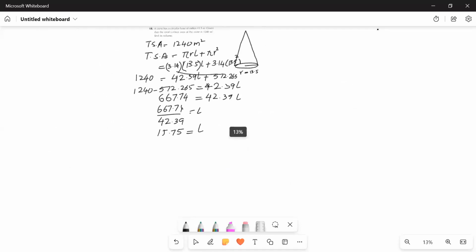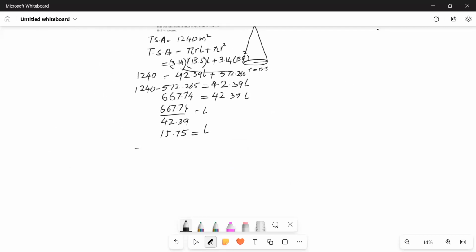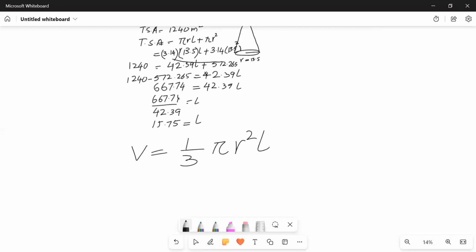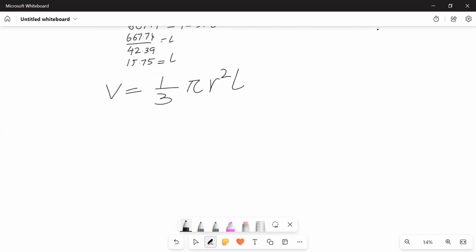Now we have to find the volume. So the volume formula is V is equal to 1 over 3 pi r square L. Teacher, is it going to be base area multiplied by height?